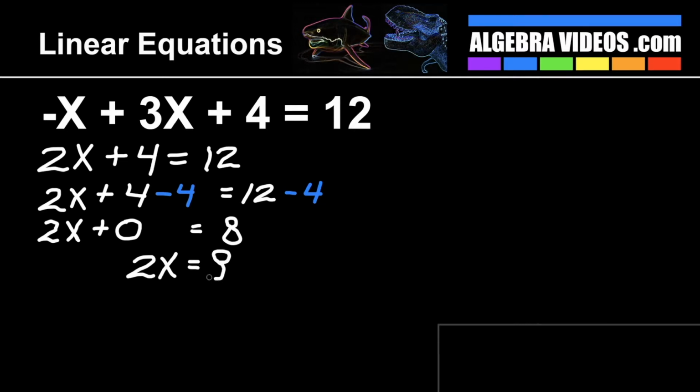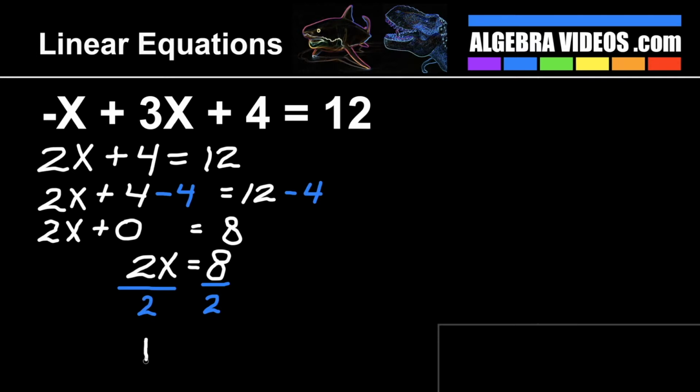And now, the only thing left to do is to get rid of this 2 on the left side of the equation. So I'm going to use that rule again that I can do anything I want to both sides of the equation as long as I do it to both sides of the equation. So what I'm going to do is divide both sides by 2. I decided to divide both sides by 2 because I knew that 2 divided by 2 cancels out into just 1, right?